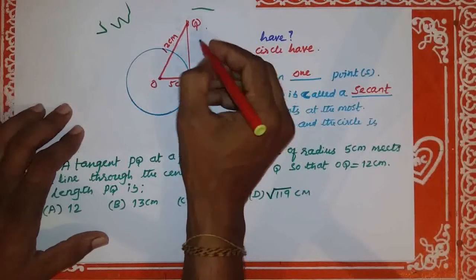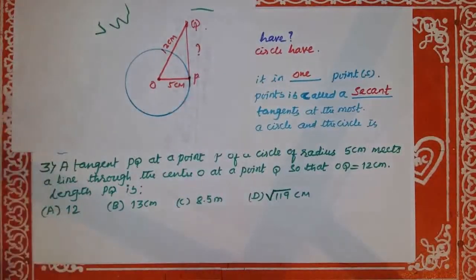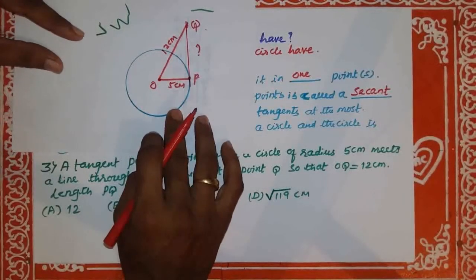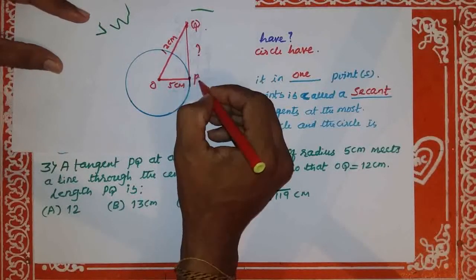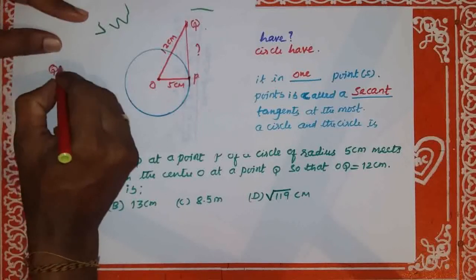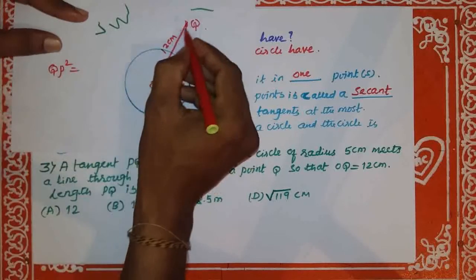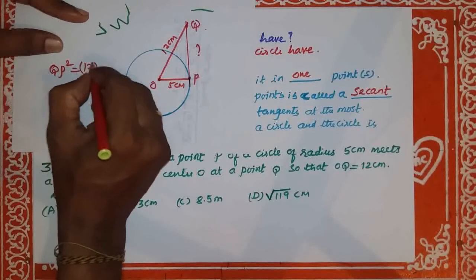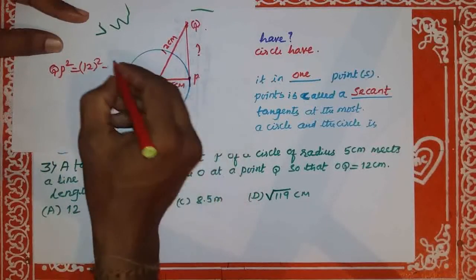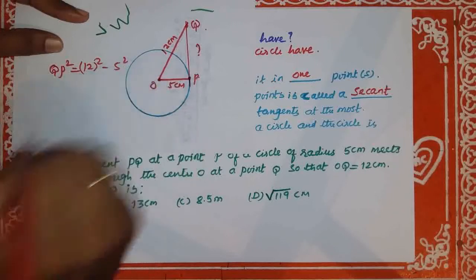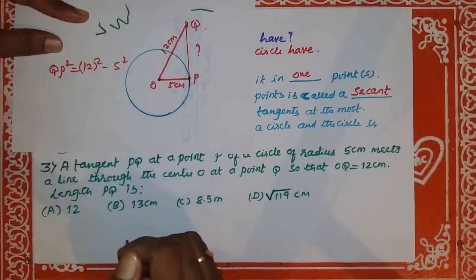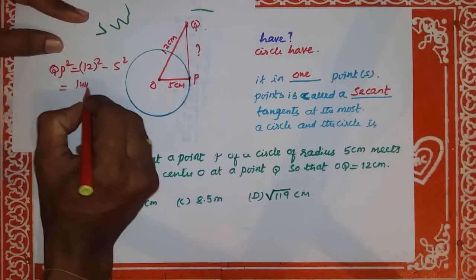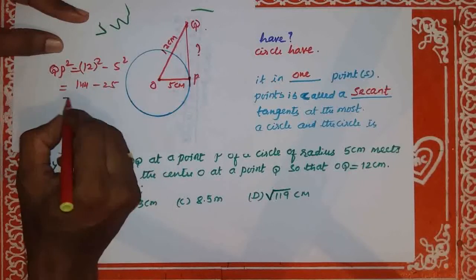Therefore, PQ is equal to how much? Very easy. By using Pythagoras rule, okay, QP square is equal to QO square, that is 12 square minus 5 square. We know this Pythagoras rule already, is it? QP square, that is 12 square is 144 minus 5 square is 25.